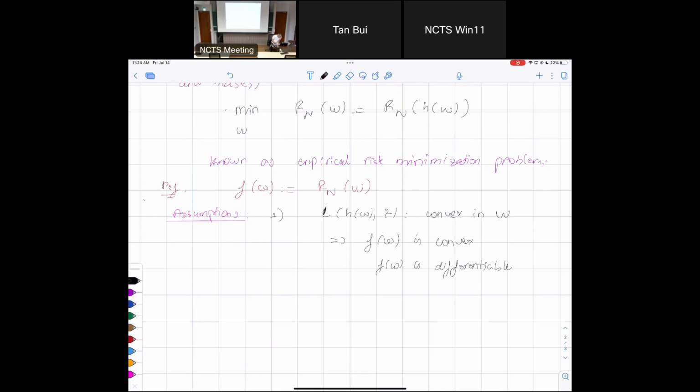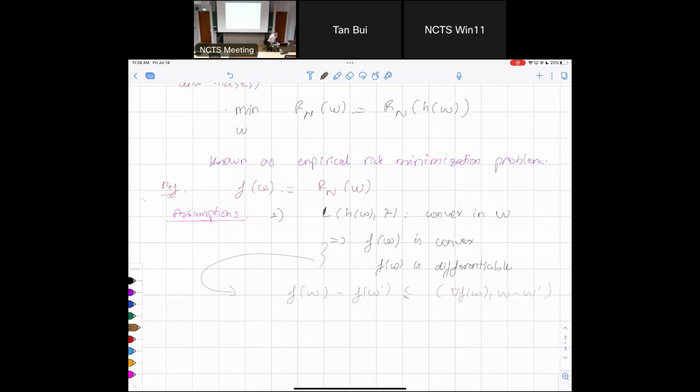And remember, these two together, as we learned last time, are equivalent to saying that F of w minus F of w prime is less than or equal to the gradient of F at w, transposed, times w minus w prime.